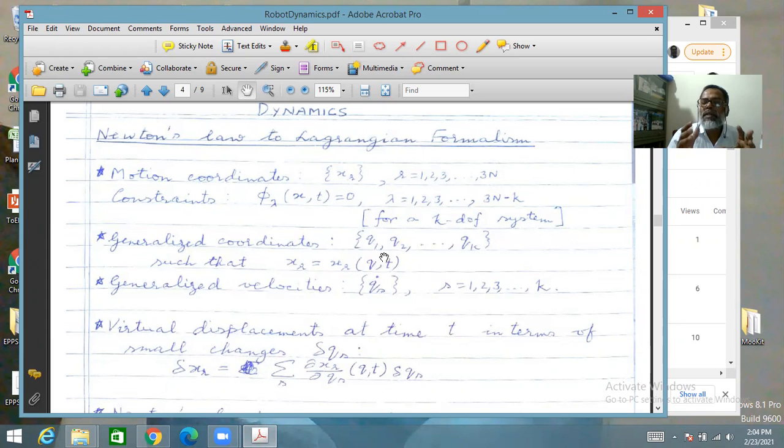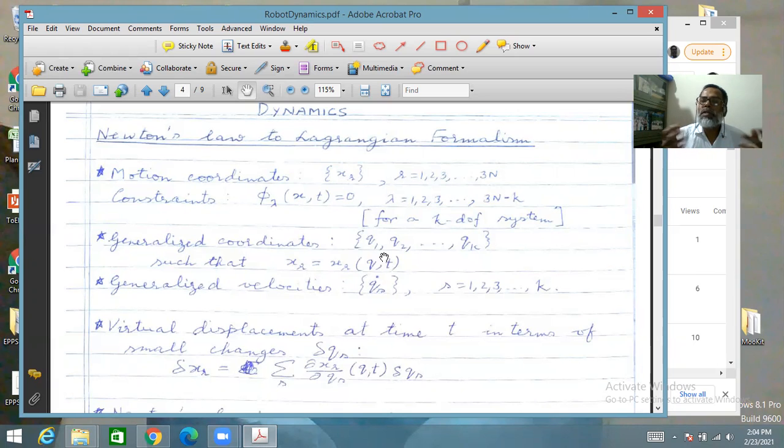The robot has several links, each a rigid body, because we are talking about rigid link robots. And each of those rigid bodies is composed of millions and millions of particles held together by the rigidity of the body, right?